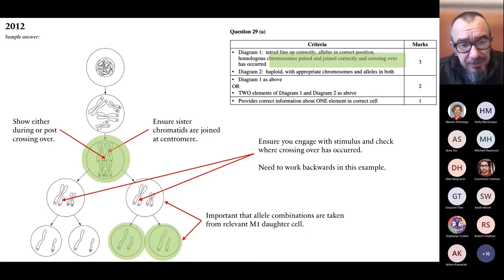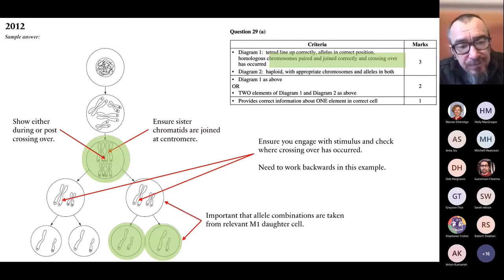Now, the other important thing to note, it seems obvious to me, but students did it really poorly, is that this is now all about random segregation. Once we've made that initial meiosis 1 split where we've got these 2 daughter cells, at that point the results are fixed on each of those different sides, and these 2 daughter cells over here can only get combinations from this cell here.